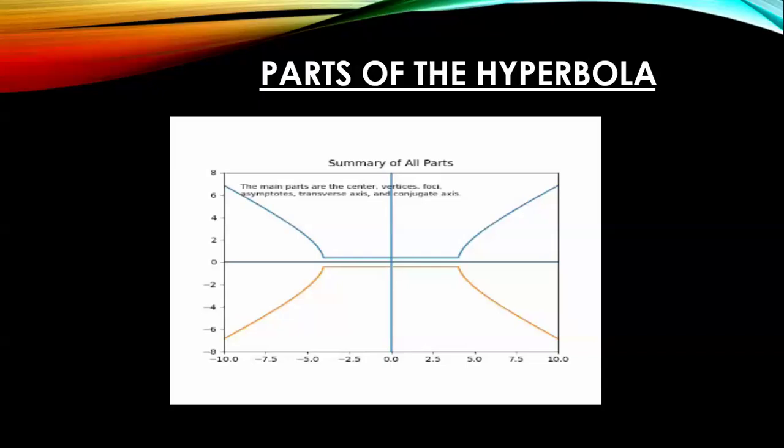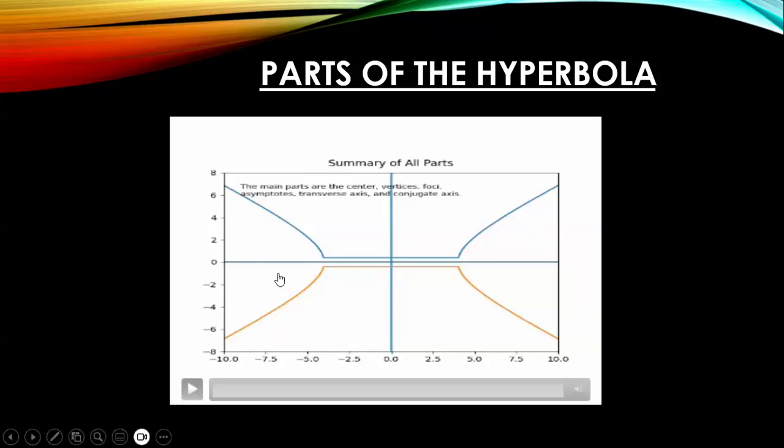For the horizontal hyperbola, it opens left and right, so the transverse axis will be on the x-axis and the conjugate axis will be on the y-axis. But take for example, if you have a vertical hyperbola, that will open up and down. And the transverse axis will be on the y-axis and the conjugate axis will be on the x-axis.